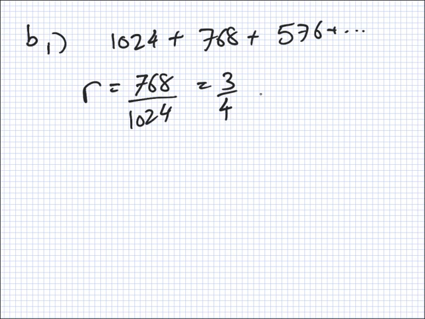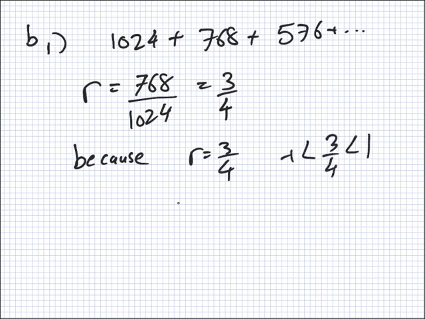Go on, tell us, Yung Peng. Because it's less than 1. Yeah, or to be a bit more precise, it's between minus 1 and 1. So, because r equals 3/4, and 3/4 is between minus 1 and 1, we can say it's a convergent series.